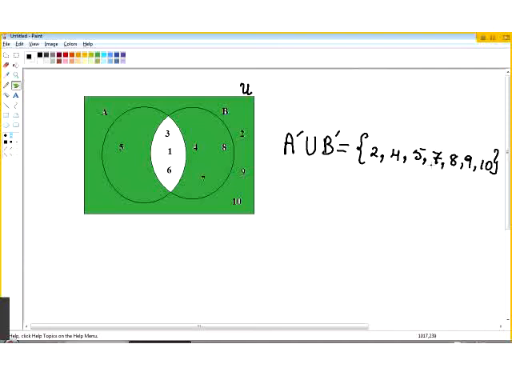Those will be 3, 1, and 6 will not be there because they fall in the region where they're either in A or in B, because they're in both of them.